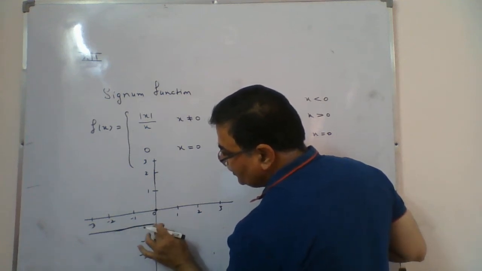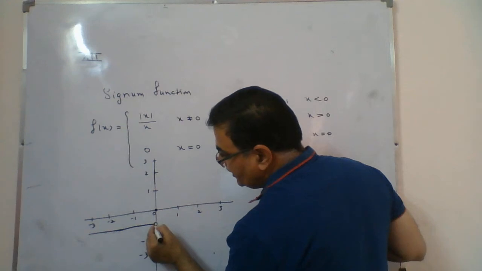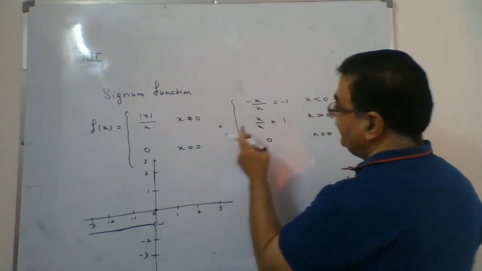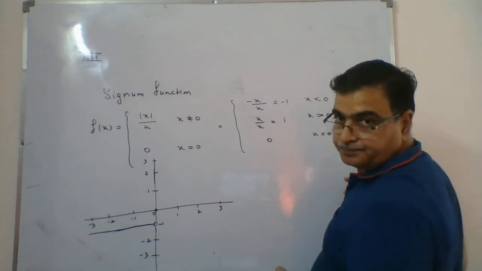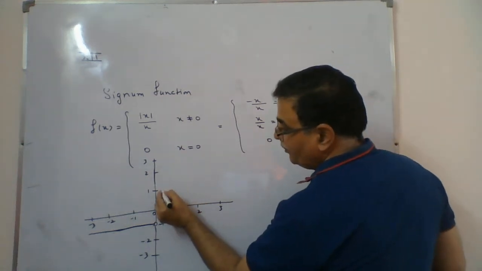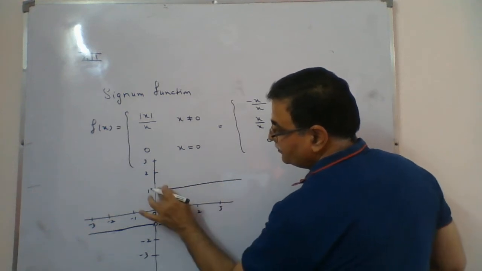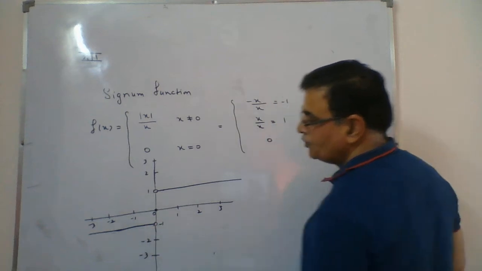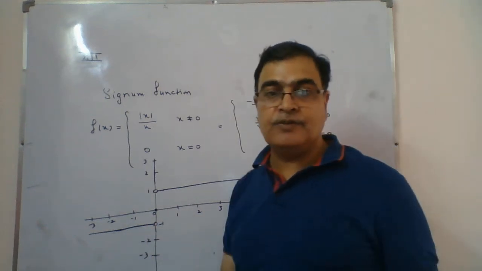But as soon as you reach 0, your value shifts to 0. In the same way, whenever x is greater than 0, your value remains 1, and at 0 it has gone to 0.